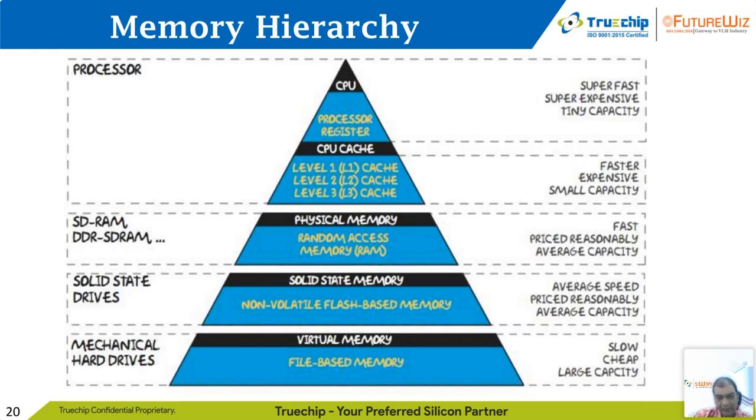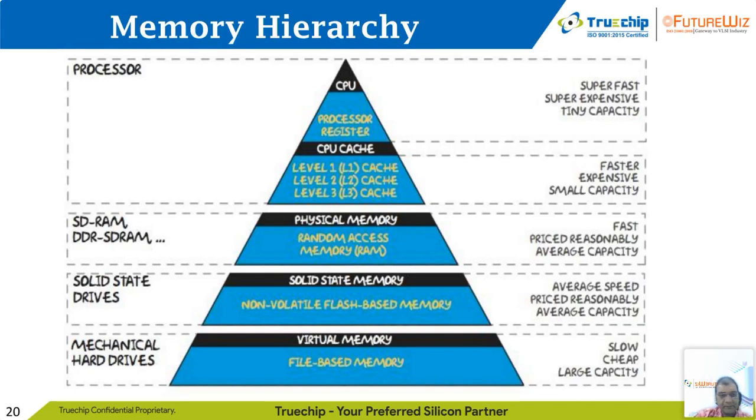Typically, all computers today use DDR. Every DDR has a spec to it, a speed at which it can function, and it's reasonably fast, slower than the cache definitely. DDR is much cheaper compared to the static RAM.